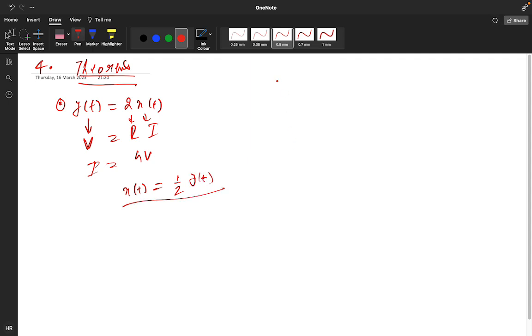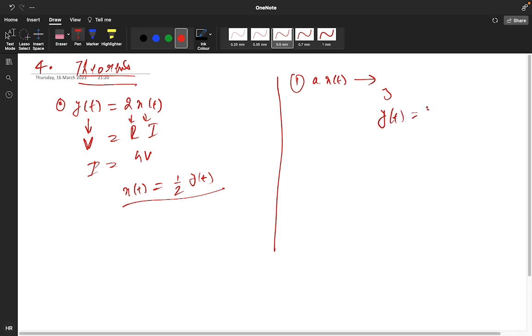Okay, so suppose if you multiply a with x of t, what will you get? If you are multiplying by a, your y of t is becoming how much? 2ax of t.